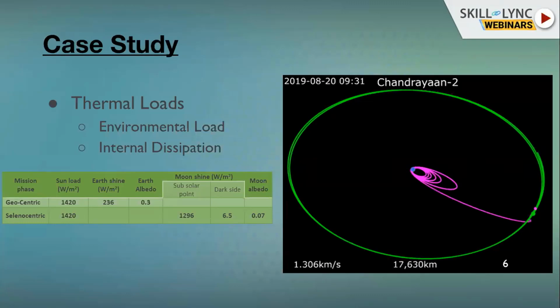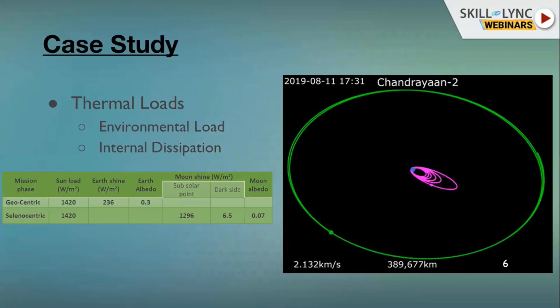Now we have the thermal loads which are on the spacecraft. We have seen that while the spacecraft is orbiting the Earth, there will be environmental loads, which are sun load, earth shine, and earth albedo. In addition to that, there will be an internal dissipation because of the operation of the components, and there will be another load because of the very low temperatures of the deep space environment, which is around 4 Kelvin.